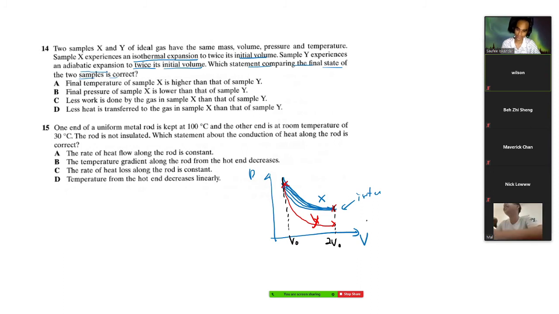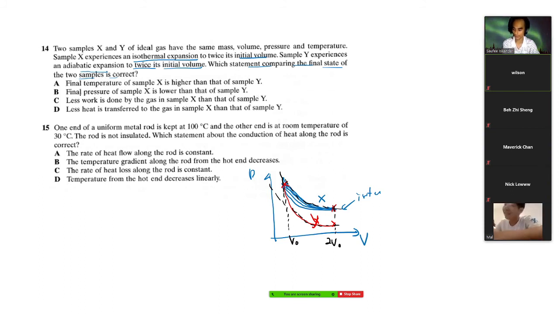Both of them end at the same volume, twice the initial volume, and both have a decrease in pressure. But if you draw an isotherm curve, a curve with the same temperature, you can see that Y crosses to another curve and drops down. The temperature of Y drops to another isotherm.